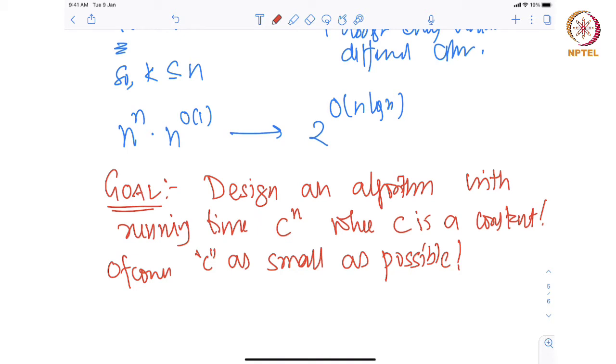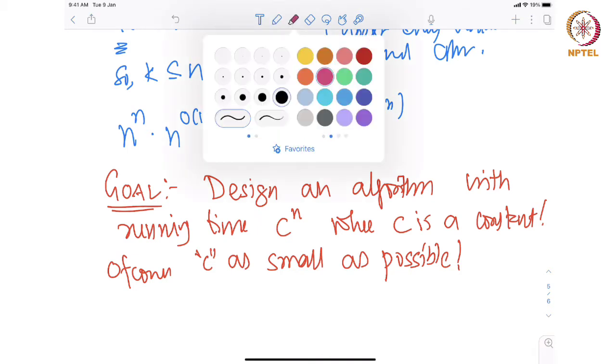Okay, so that is the goal in this area of computer science.